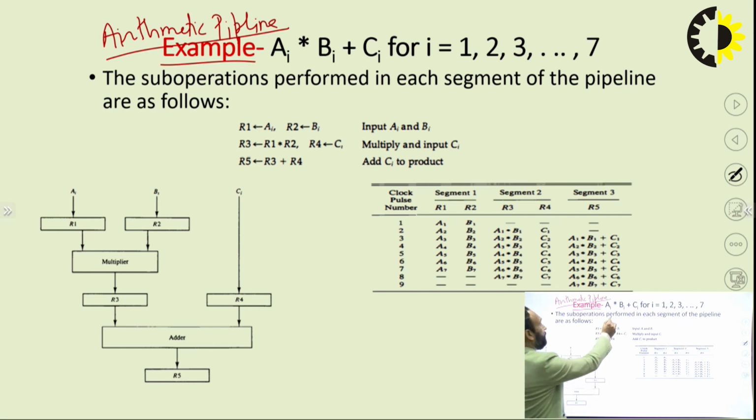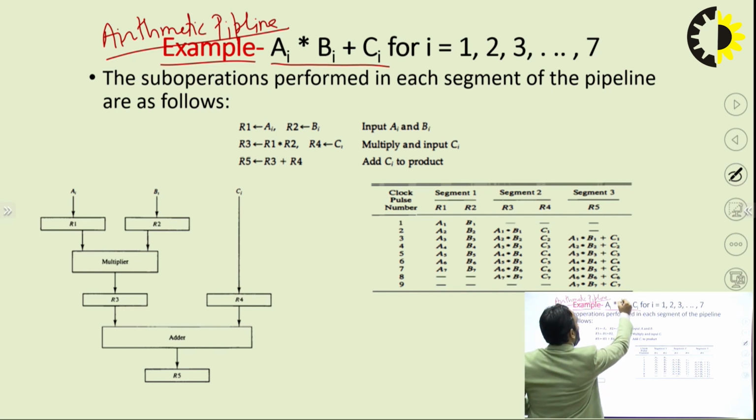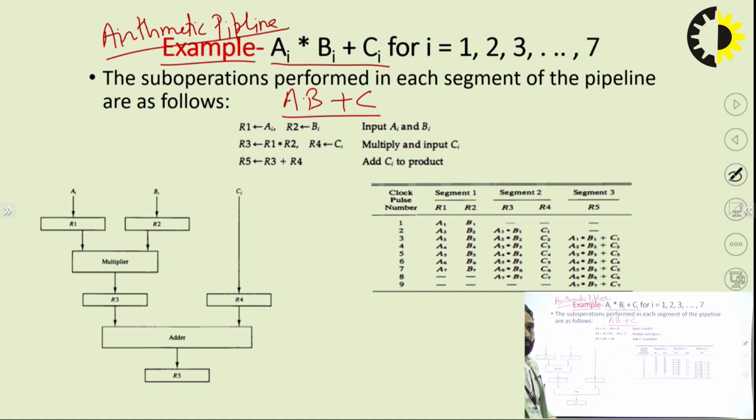Here we have an example with an expression, or equation, A dot B plus C. How is it executed by a processor, without changing its hardware configuration, to enhance its speed?